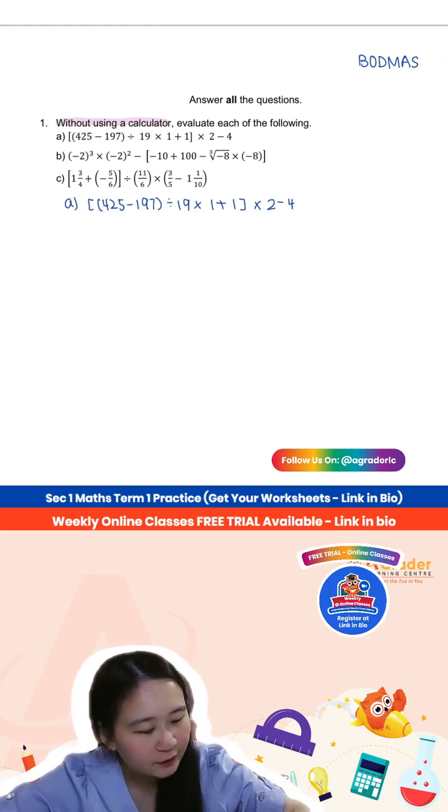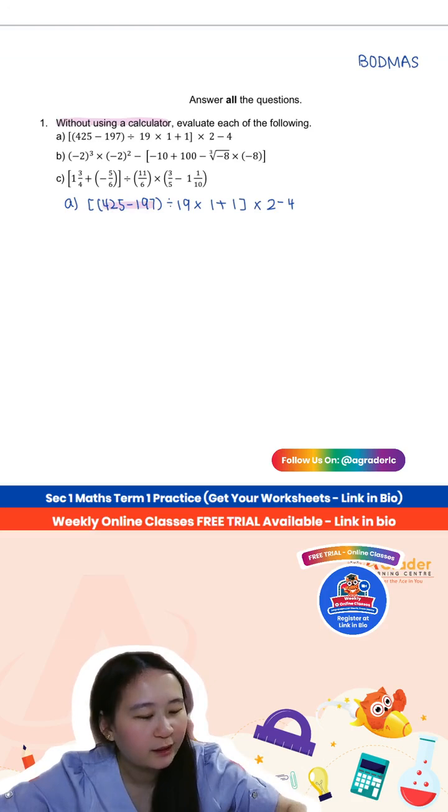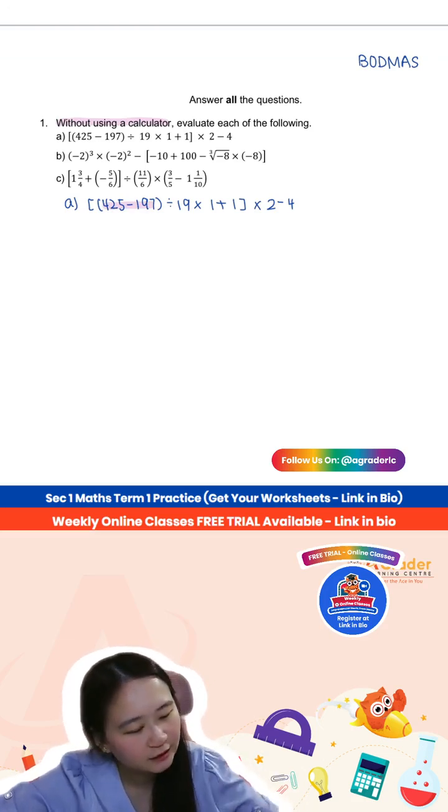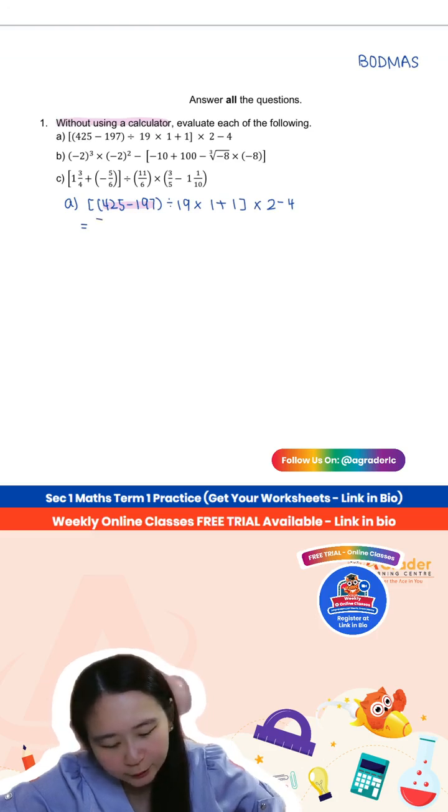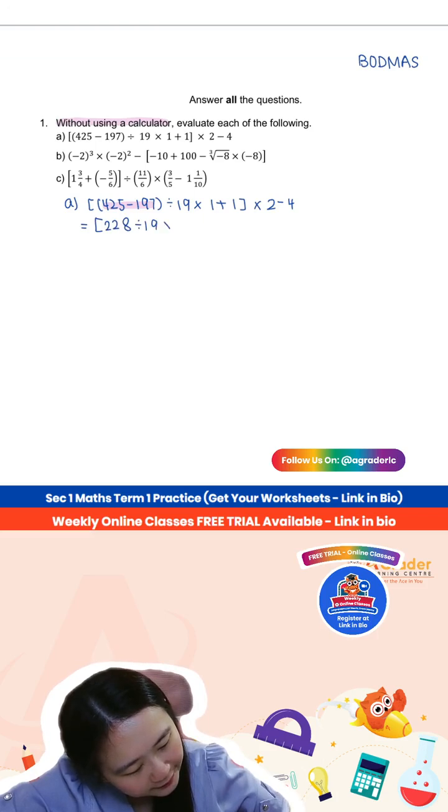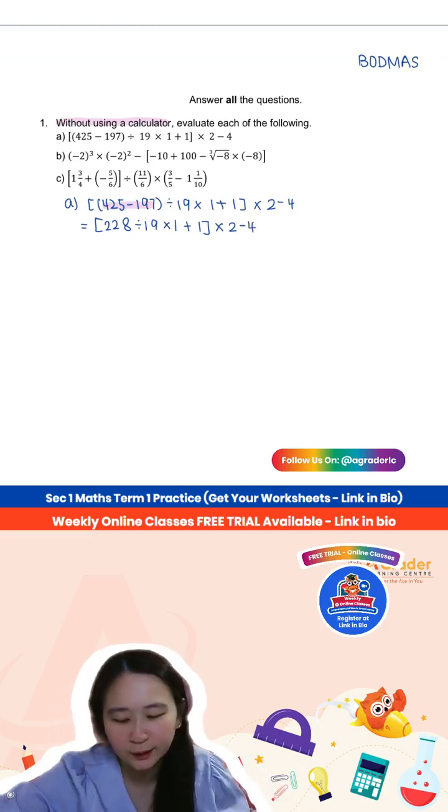Yes, very good. So 425 minus 197 will come first. When you subtract, you will get 228 divided by 19 times 1 plus 1, then times 2 minus 4.